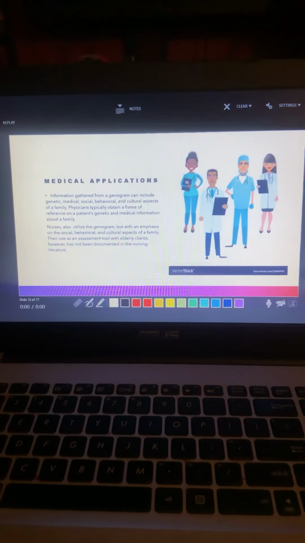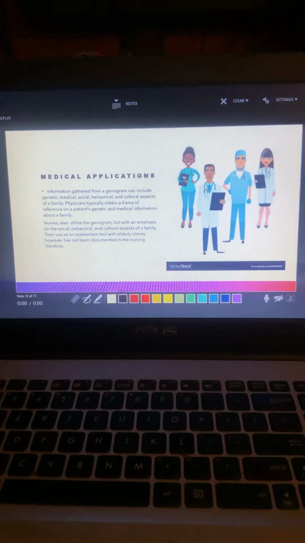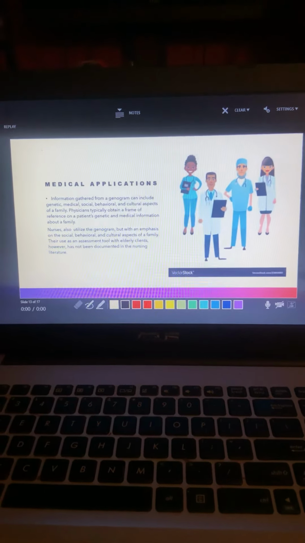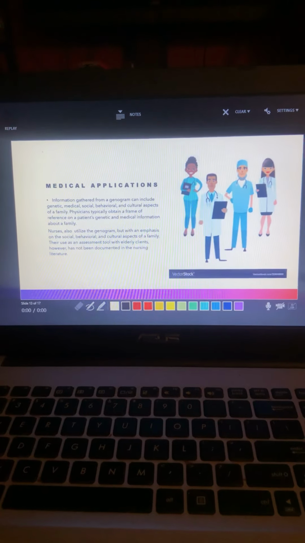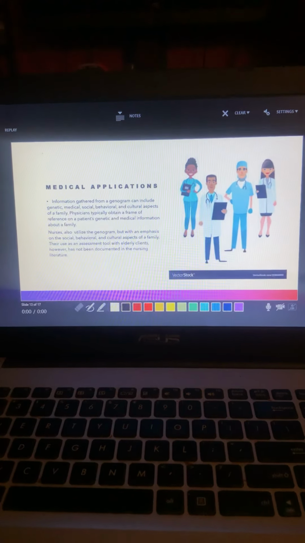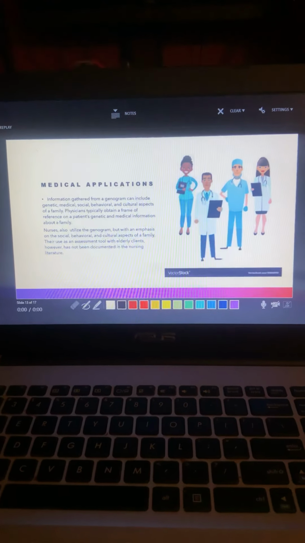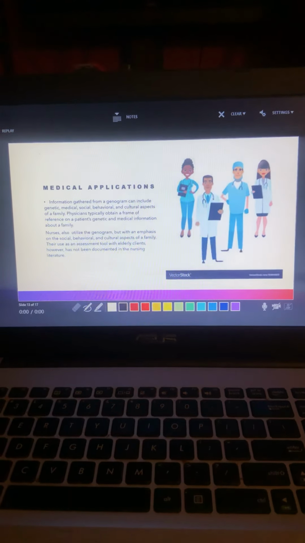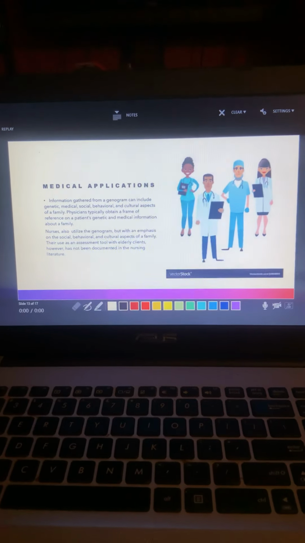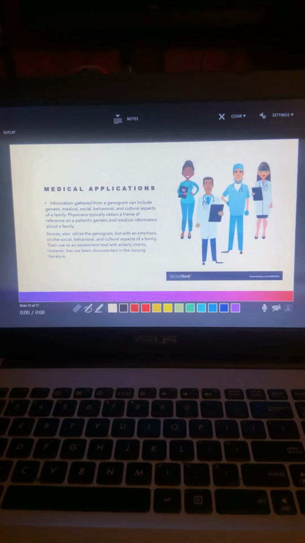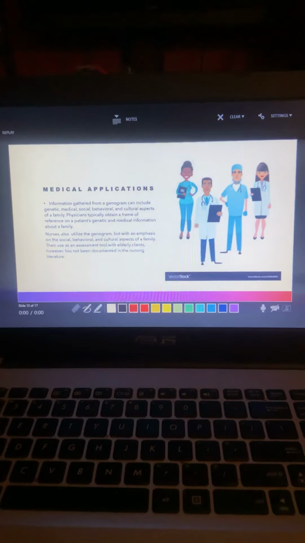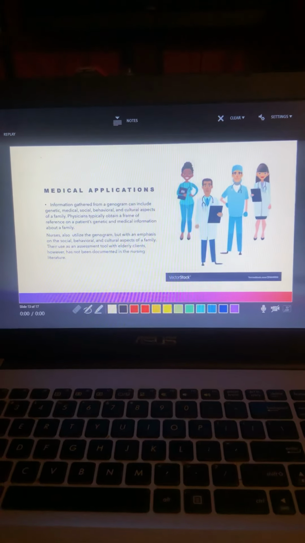Or on the flip side, maybe they had an adverse effect. This medicine didn't work. This medicine made this father more aggressive or have more suicidal ideations. So this is something that the physicians would probably steer away from because the father didn't have that success with this particular medicine. Then they're going to think of trying something else.